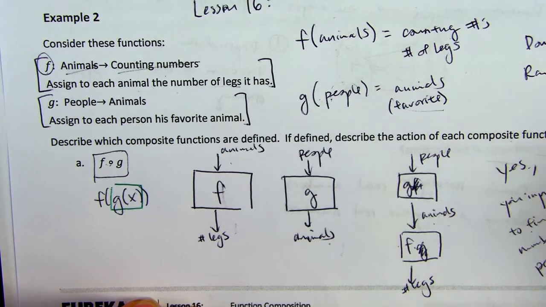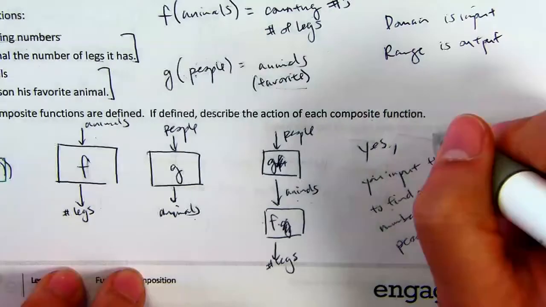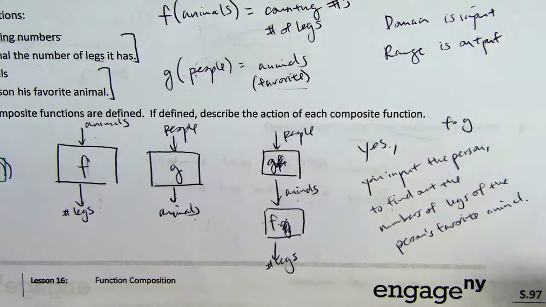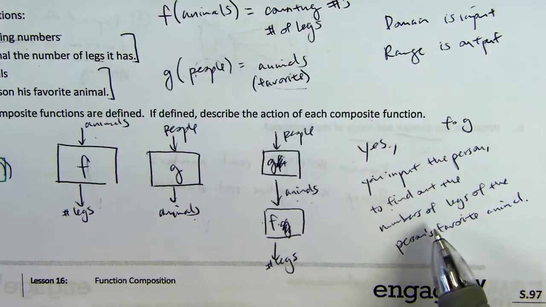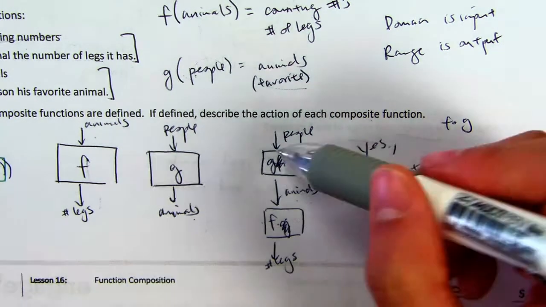So this function composition, f of g, tells you the number of legs of the person's favorite animal, given that person. Okay, so this is our function composition.